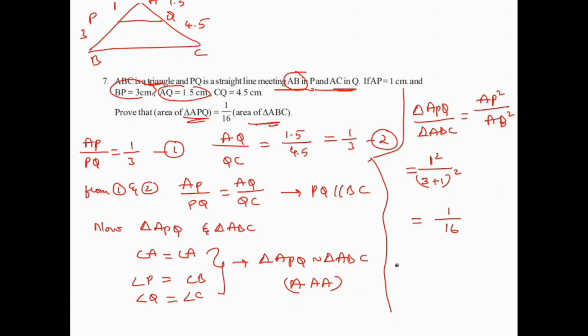So AP by triangle ABC is 1 by 16. Cross multiplying, triangle APQ is equivalent to 1 by 16 times triangle ABC. This is what was required to prove, and proved.